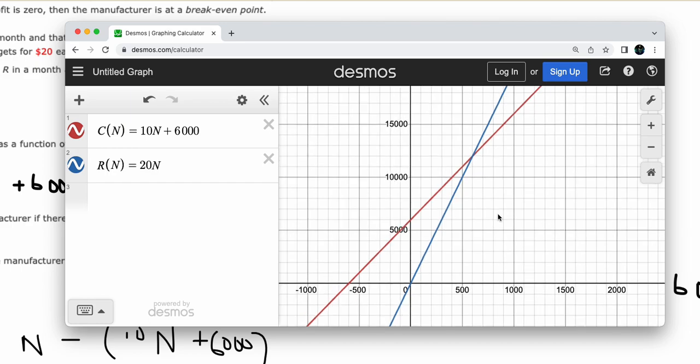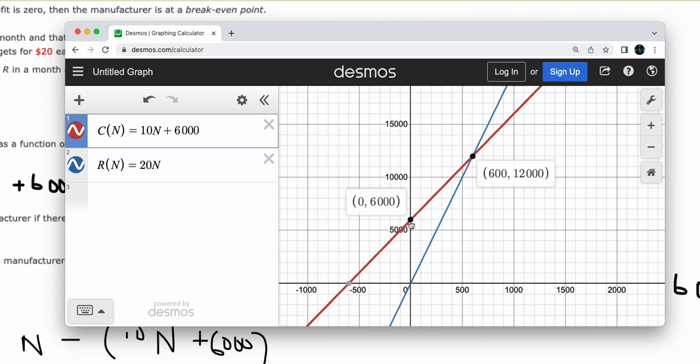Now what we're looking for here is some important points on the graph. We see here that there's a point of intersection. That is called the break-even point, because at that point, your profit is 0, because your revenue and your costs are equal at that point. If we look to the left here, the costs far outweigh the revenue.